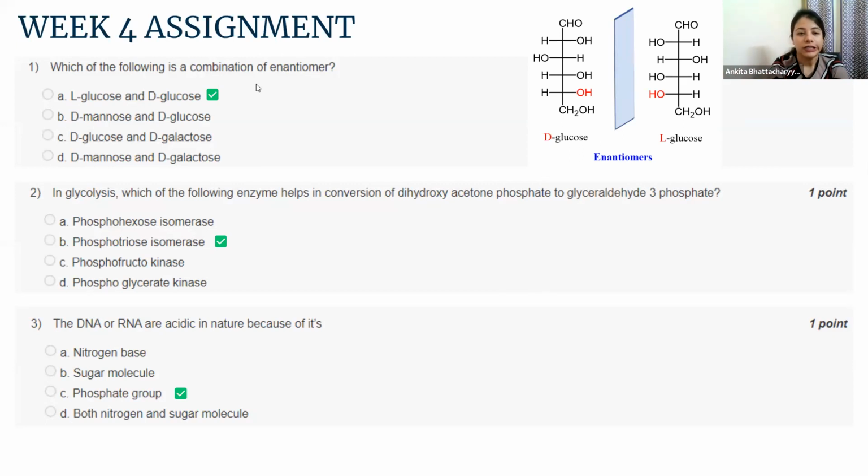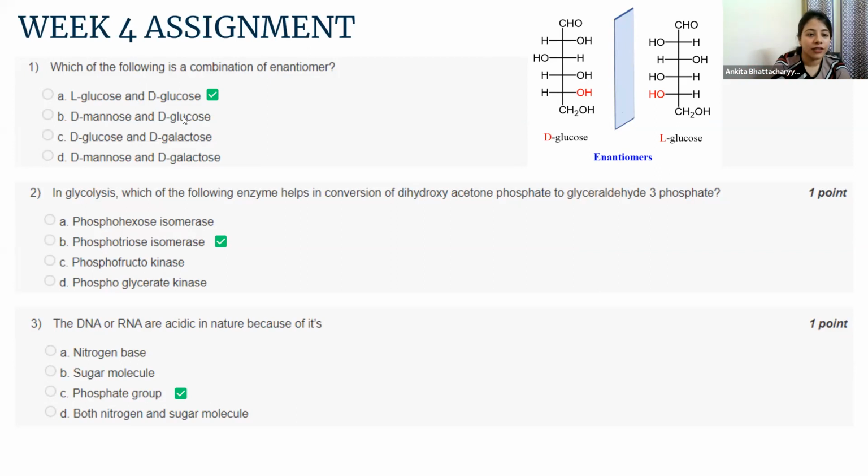I've indicated the answer right next to it, which is L-glucose and D-glucose. If you look at the structures of these two, they are mirror images of each other, but they're not superimposable. Considering this as the mirror, each of the substituents attached to each carbon is present at exactly the same location but opposite to each other, right? So that is the answer.